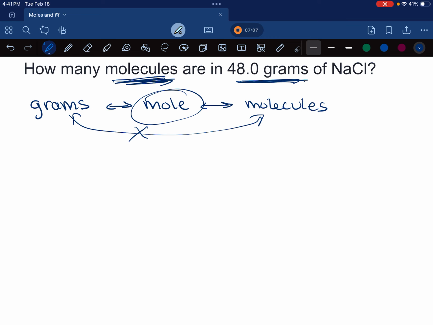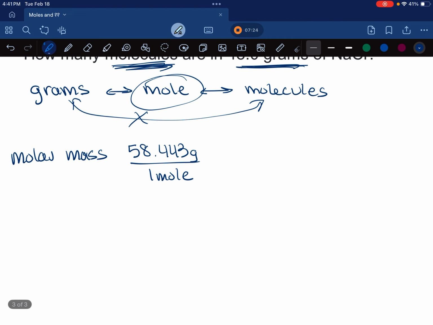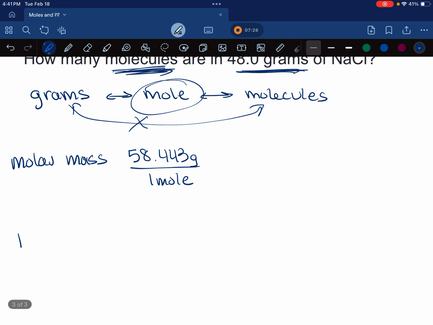In this case, I know my molar mass is 58.443 grams per 1 mole. And again, I know Avogadro's number is 1 mole is equal to 6.022 times 10 to the 23rd. In this case, I'm going to use molecules.